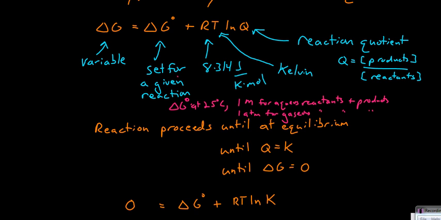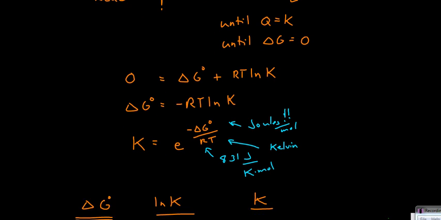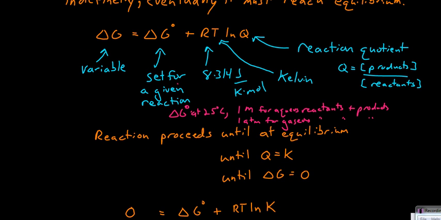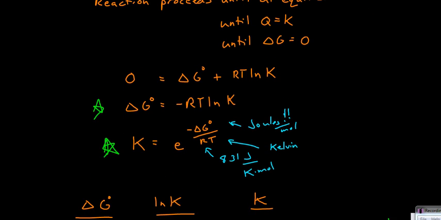So we get this equation, which can be manipulated into delta G standard is equal to negative RT ln of K. And that also can give us K is equal to e to the negative delta G standard over RT. So this and that equation are key, as well as that original equation as well. These are all going to be used in referencing G versus K or Q.